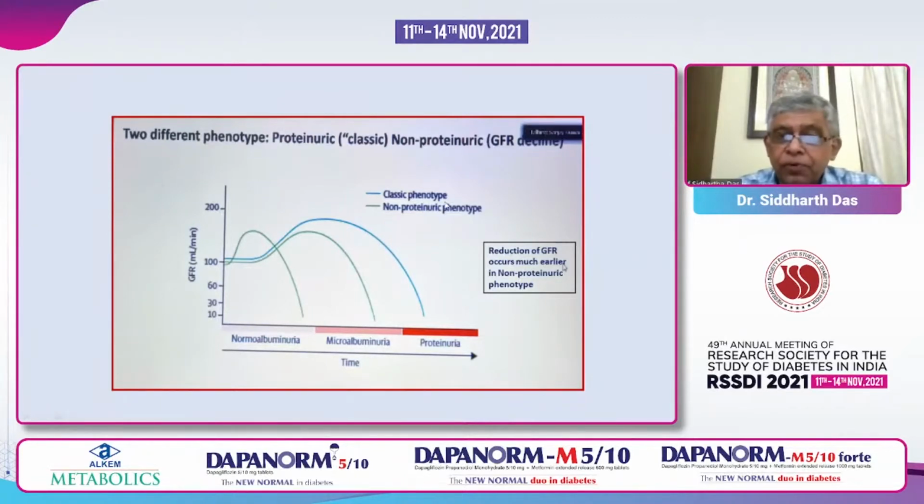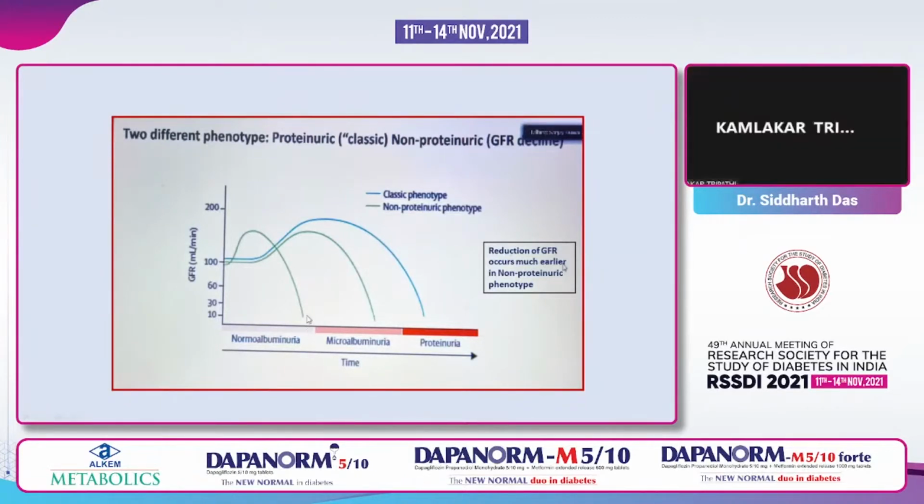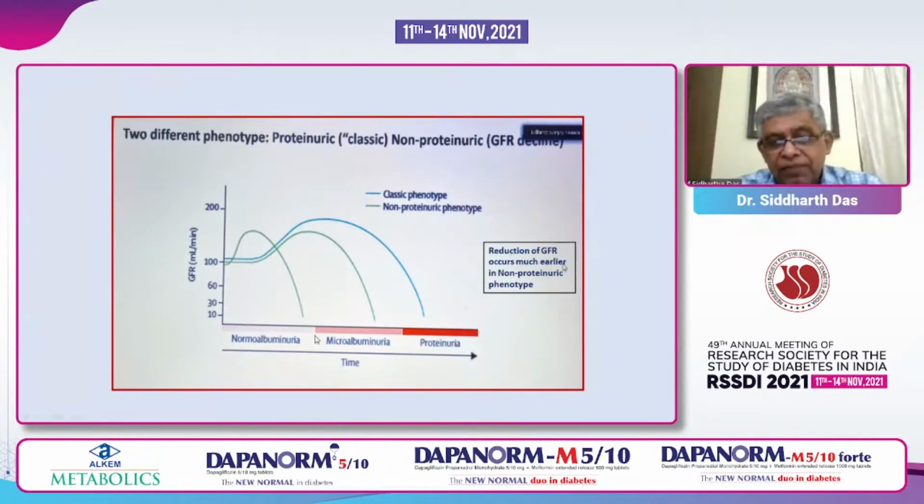But in the non-proteinuric phenotype, those who are non-albuminuric, the fall of GFR is very rapid, and those who have microalbuminuria, again, the GFR fall is more rapid than in the classic phenotype. So reduction in eGFR occurs much earlier in the non-proteinuric phenotype than in the proteinuric phenotype.